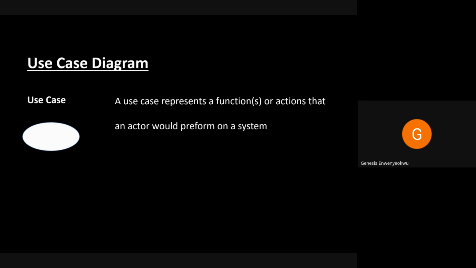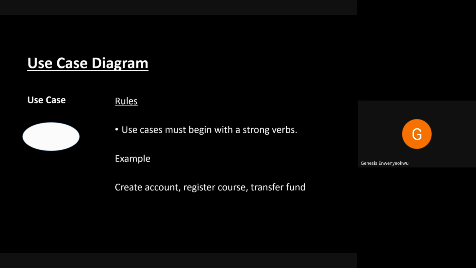Okay. Now, some of the rules or guidelines that we need to follow when we are drawing use cases are: one, we need to make sure that when we are naming our use cases, the use case begins with a strong verb.